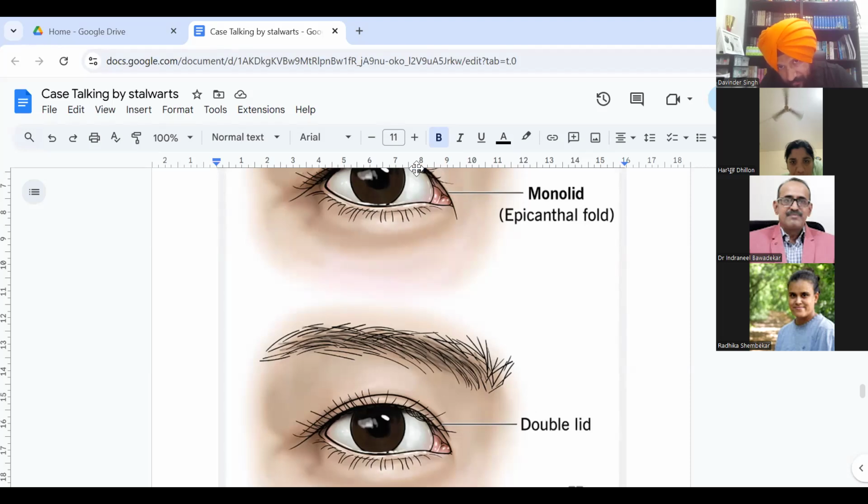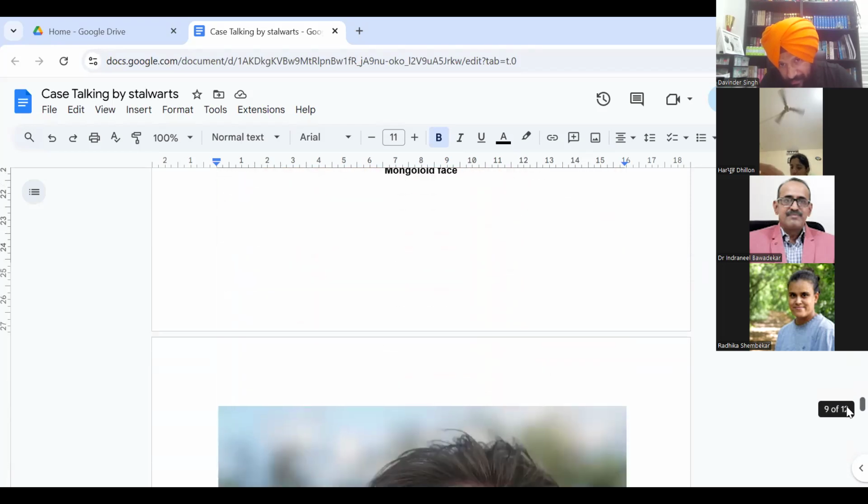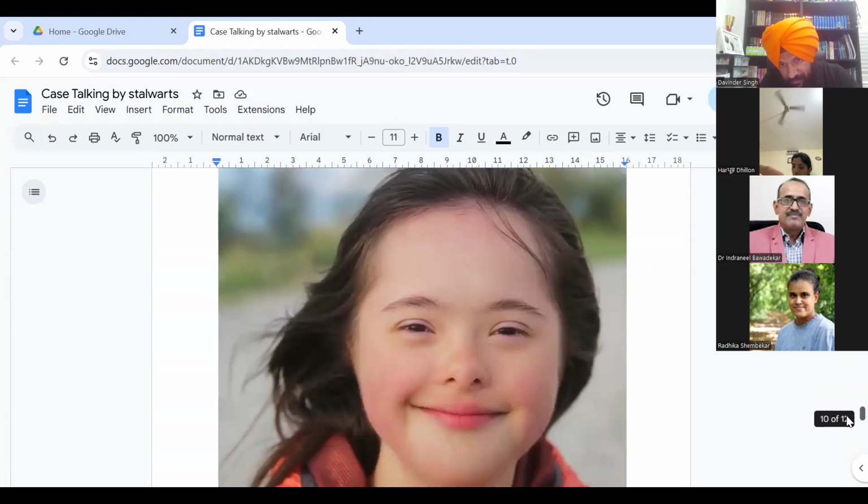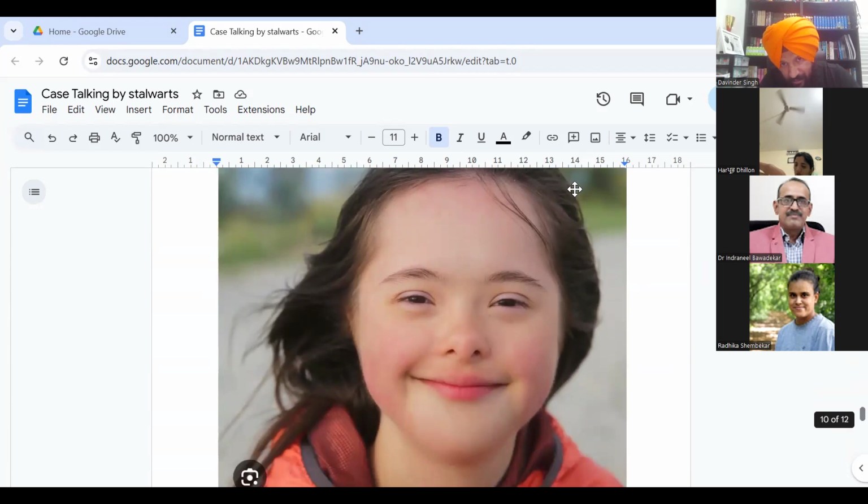Double lid and single, and mostly this is the face of Down syndrome. And we can easily identify this face.